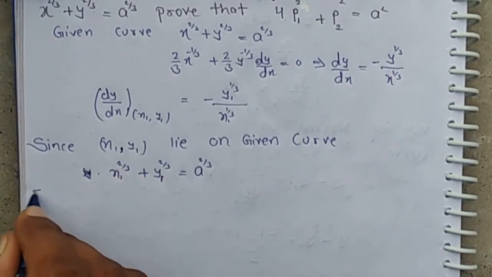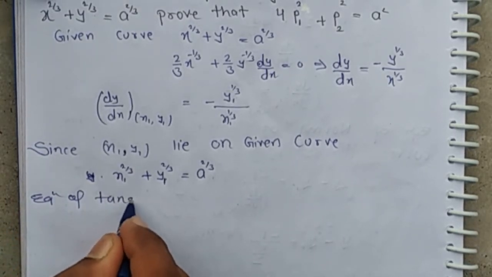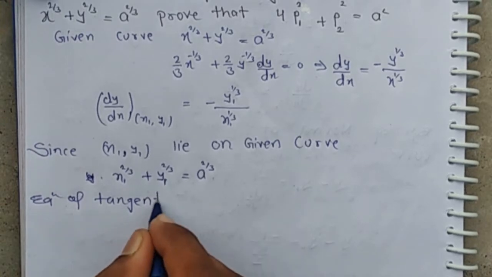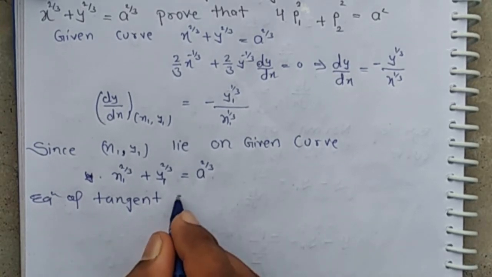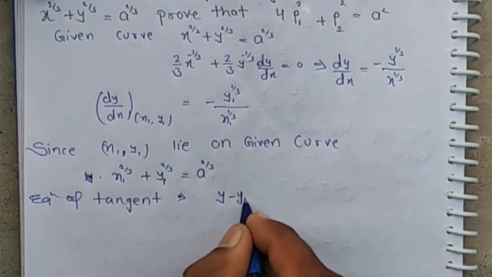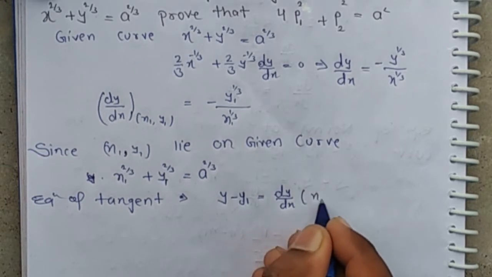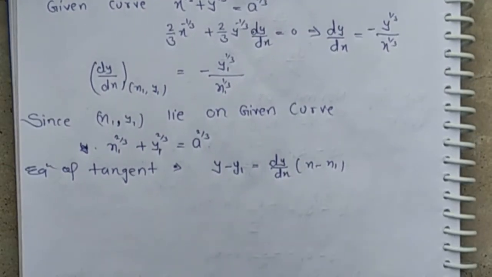Now the equation of tangent is given by y minus y1 equals dy by dx times x minus x1.